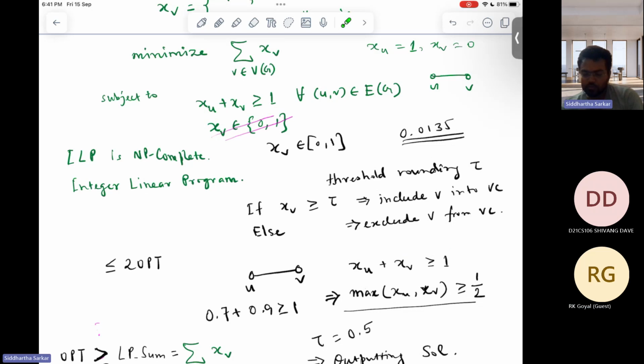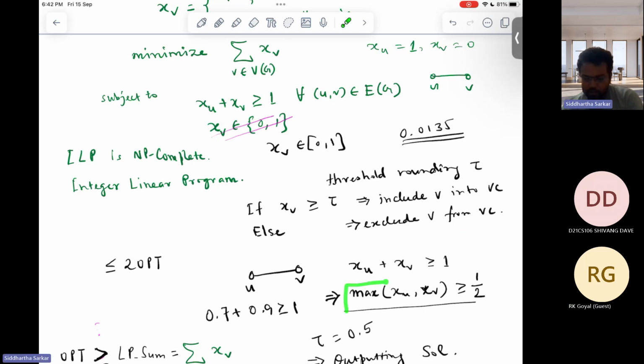Because we are allowed to take fractional solutions, no matter what the values of xu and xv are, it is not possible that both are strictly less than 0.5. Because if that is the case, then the summation of xu plus xv will be strictly less than 1. Therefore at least one of them must be greater than or equal to 0.5.